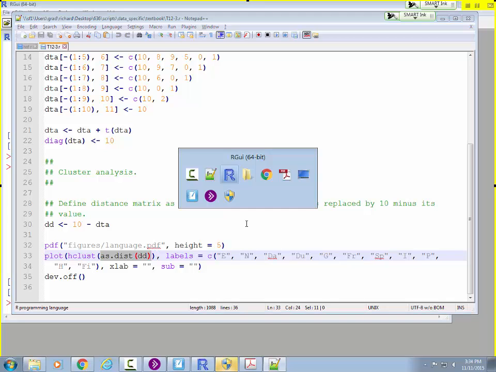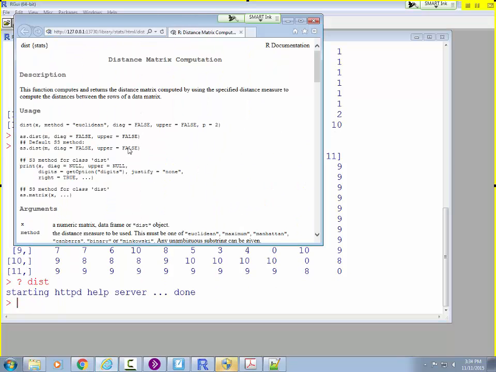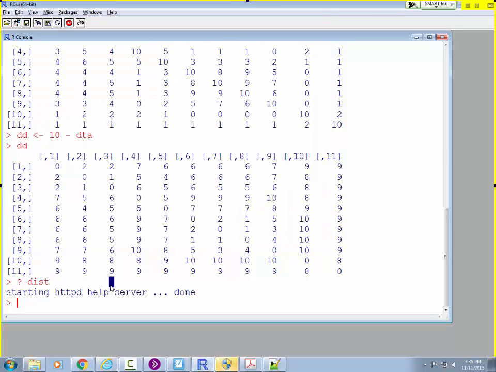There's a function dist, question mark dist, which if you were to give it an n by p matrix would compute a distance matrix. And then it's represented as a distance matrix to R. It has a special class. And I think hclust wants its input to be of that class. That's why I have as.dist.